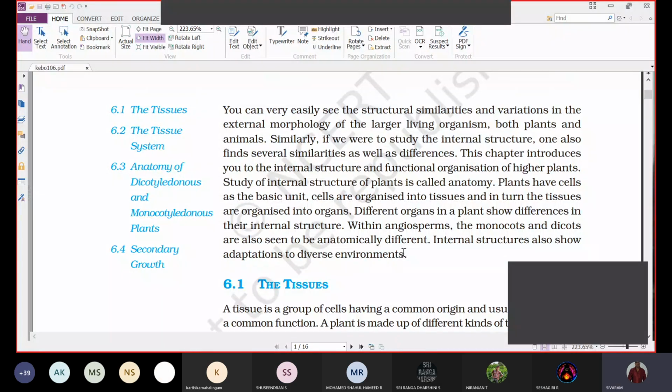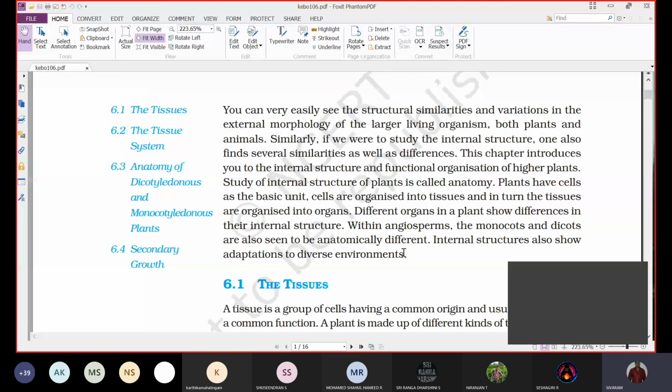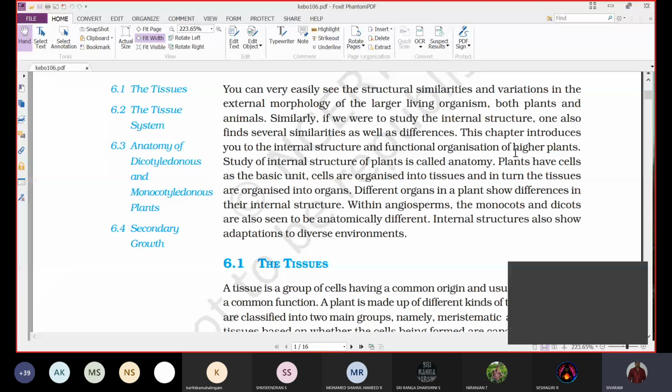This chapter introduces you to the internal structure and the functional organization of higher plants. We are not discussing lower plants; we are discussing the similarities and differences in the internal structure of higher plants, that is angiosperms, in that monocots and dicots.